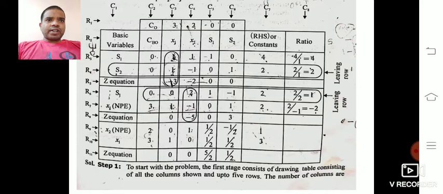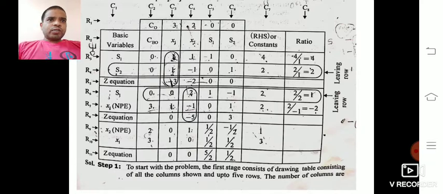The C4 column we call the entry column. The entry column elements are those under the circle, 2 and minus 1. For the R6 row the RHS side is 2, and 2 divided by 2, the encircled element, is 1.